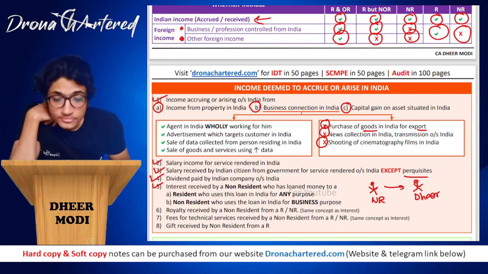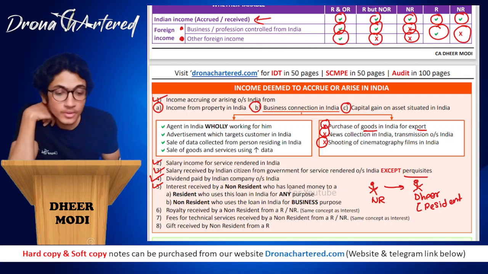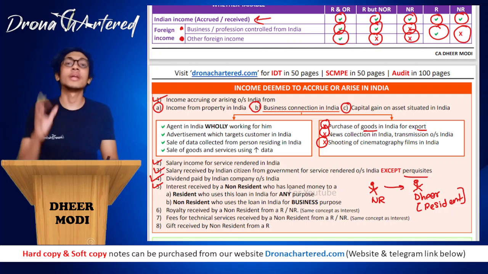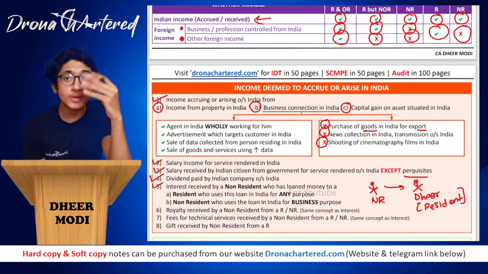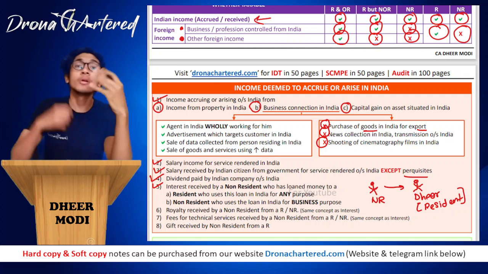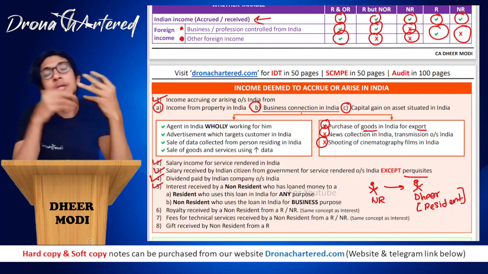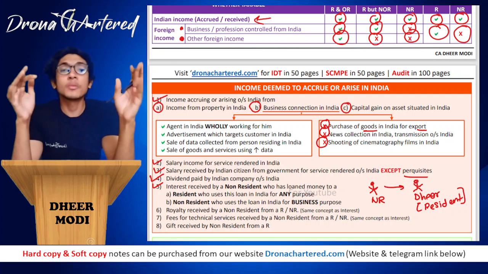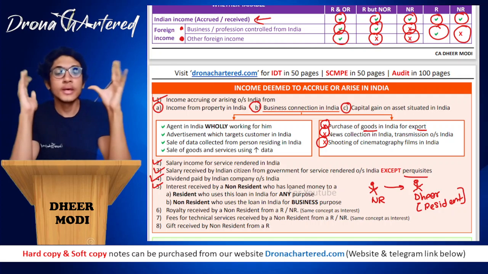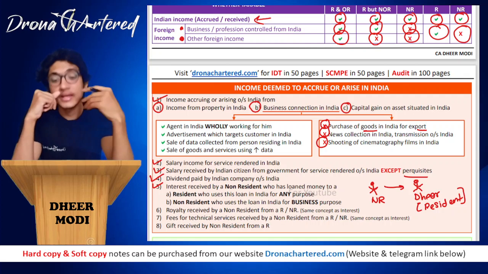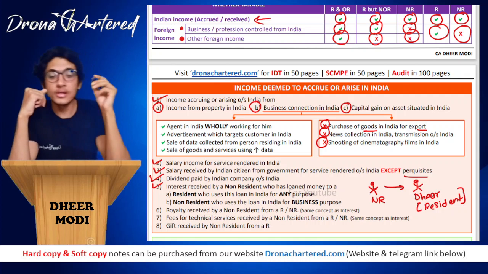If DHEER in this case is a resident, and a non-resident has given a loan to a resident in India, and this resident utilizes this loan for any purpose, it does not matter. In such a case, the interest that the non-resident receives will be taxable in India. It will be deemed to accrue or arise in India.